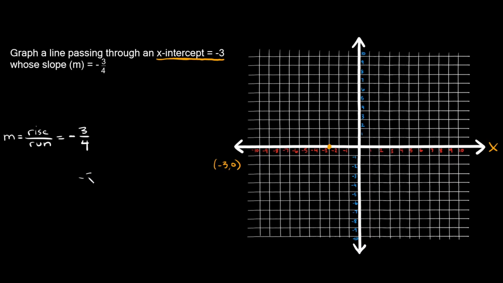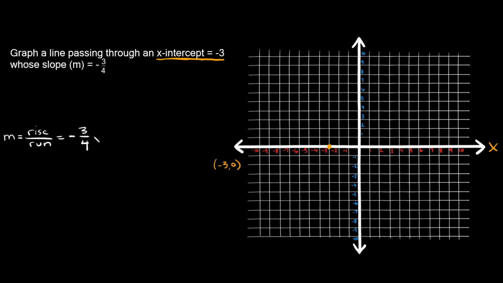Because if you move it to both, so if you had -3 over -4, well, a negative number divided by a negative number is a positive number, right? So this would be +3/4, and +3/4 is not the same thing as -3/4.